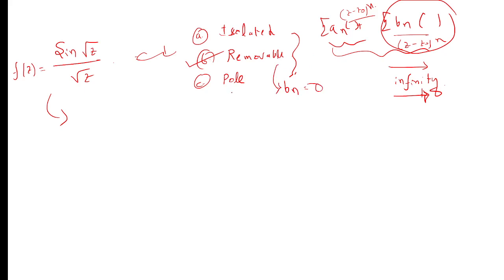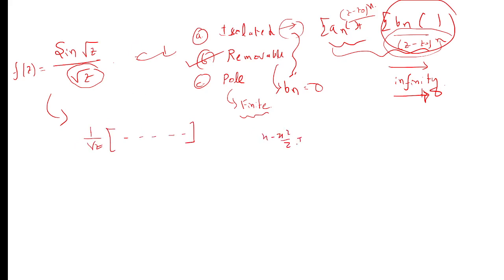For removable, you will not find any z term in the denominator. If bn is finite, the denominator will stop somewhere, and if infinite, it is an essential singularity. So it's very easy: just use the sine series expansion, x minus x cube factorial plus, oh sorry, it should be cube, yeah.